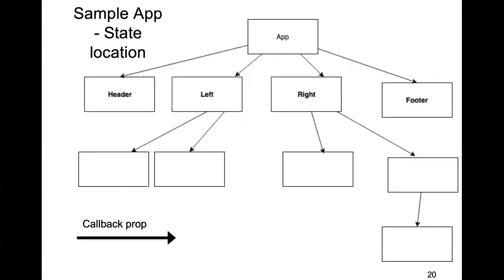To relate it to this hierarchy, we take two of the state variables, the filtering and the movie selection. This is the component that will handle the user entering filtering input. But this component needs to know about it because it uses it for computation purposes.